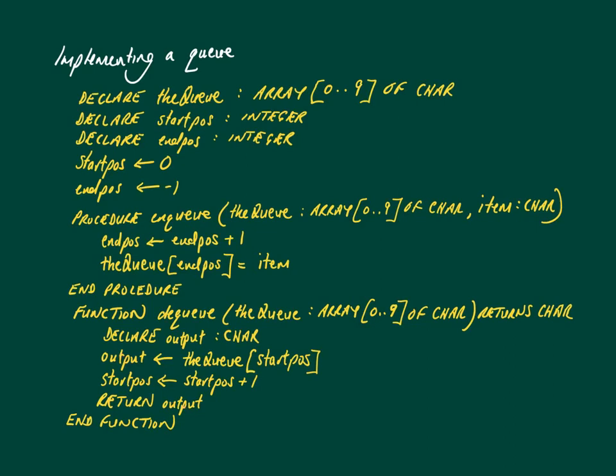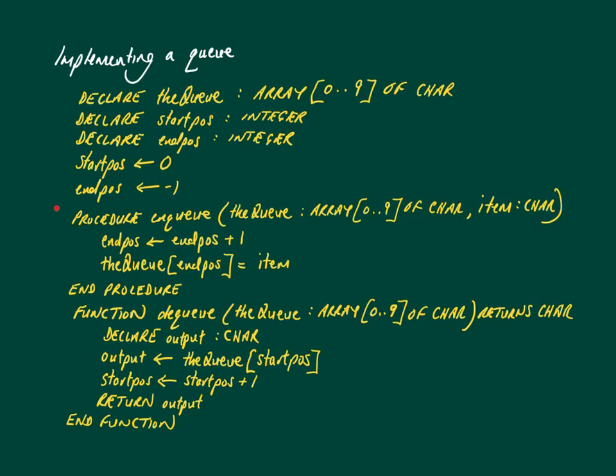I'm going to show this in an example on the next page, but what these two subroutines don't do is that they don't have any error checking in them, so it can't tell if you've run out of space in the array, it can't tell if you have dequeued all the items in the array, it can't tell if you decide to use a circular queue, which is a possibility, whether end position has reached the end of the available values, and the same with dequeue, the start position has reached the end of the available values and has to circle back to 0.